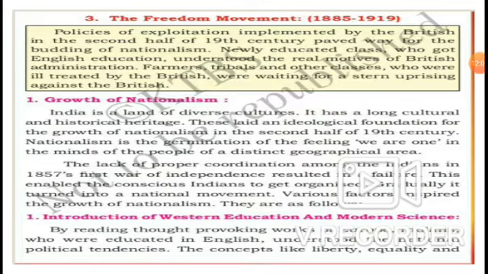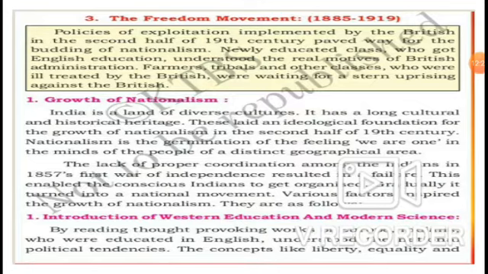The newly educated class who got English education understood the real motives of the British administration. Farmers, tribals and other classes who were ill-treated by the British were waiting for a stern uprising against the British.